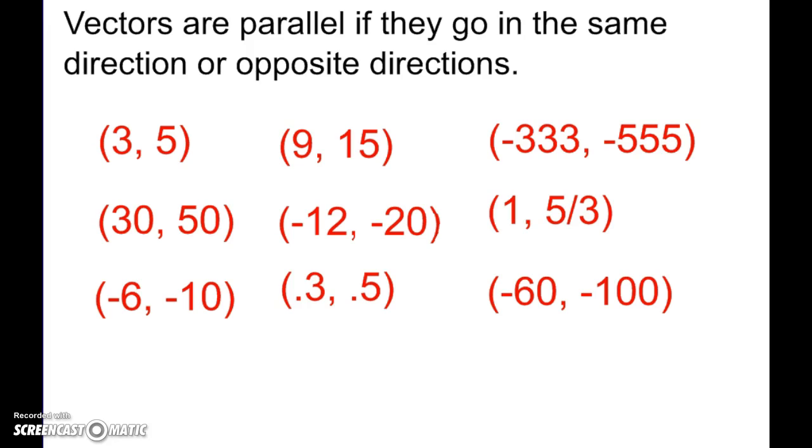How can you tell? These are component vectors, right? So that first one in the upper left, 3 steps to the right, 5 steps up. You can look at the ratio of the y to the x. Nice. Can you create another one that's parallel?